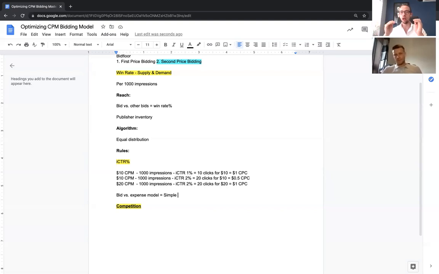And then slowly up the Bidfloor relative to the capabilities, where you basically have CPC versus earnings per click on your total flow, which is profitable, right? So you can push the Bidfloor, but only to a certain extent. So the higher your iCTR, in theory, the higher CPM you can afford, right, Ross?